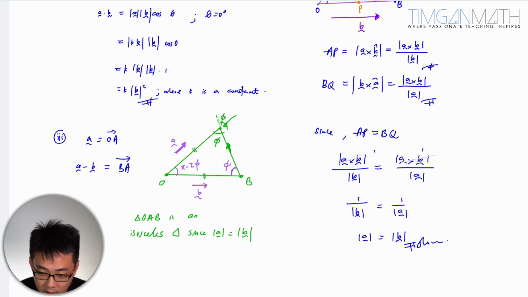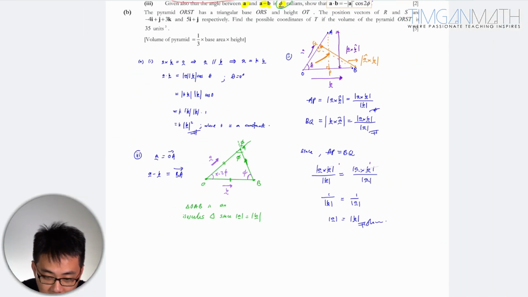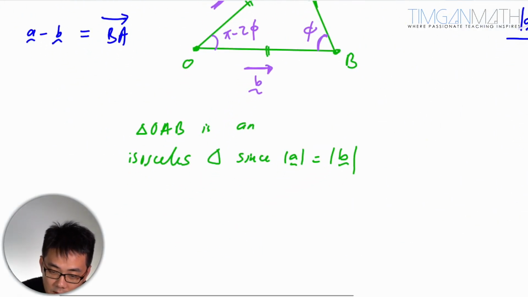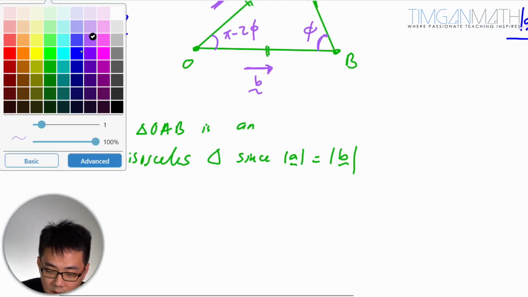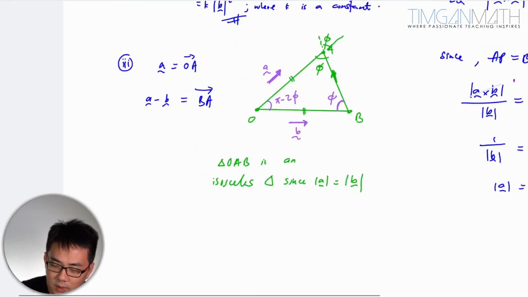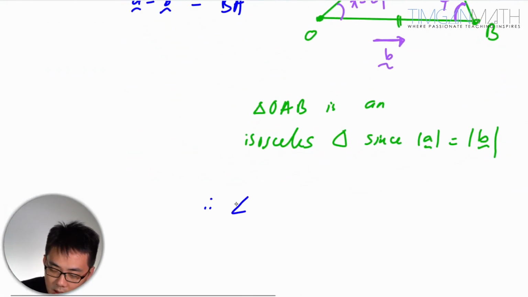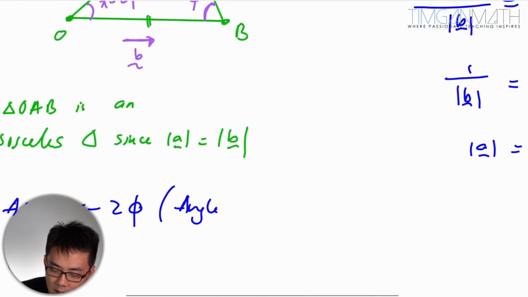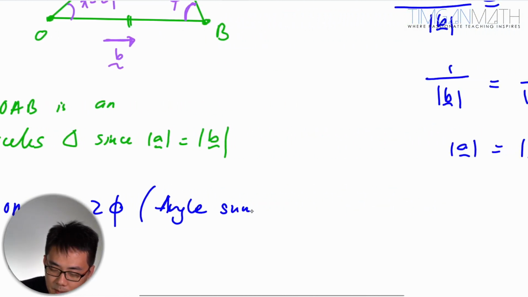You get this already. You straight away can just do A dot B. Hence angle AOB is pi minus 2 phi, by angle sum of triangle.